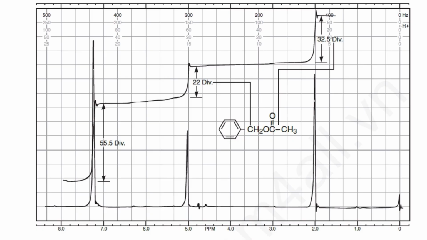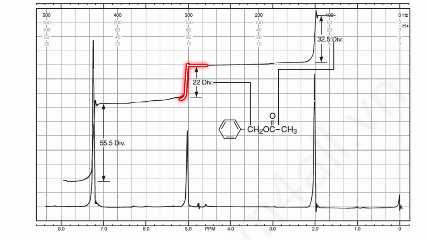Here is the integration curve that has been drawn, and if we see the length of this integration curve, it is about 55.5 divisions. So if we consider one big square of 10 divisions, so 10, 20, 30, 40, 50, and half this square, it is almost 55.5 divisions.